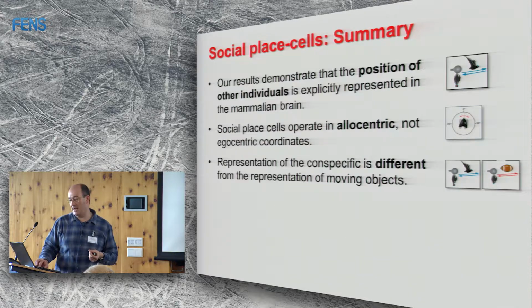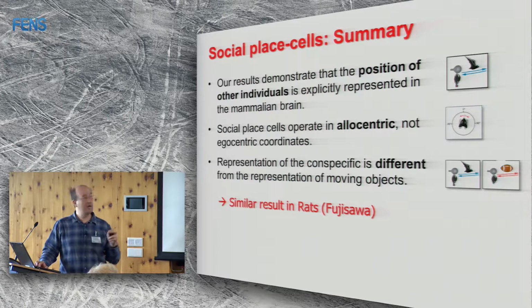So let me just summarize this part and then summarize the entire talk, because I think we're running late. These results demonstrated that the position of other individuals is explicitly represented in the mammalian brain. Social places operate in allocentric, not egocentric coordinates, and the representation of conspecifics is different from the representation of moving objects. I also like to point out that there is a parallel paper from a group in Japan, the Fujisawa lab, that found similar things in rats.